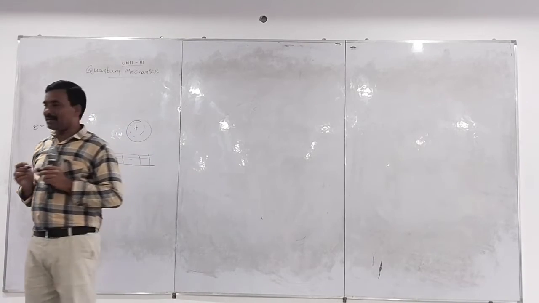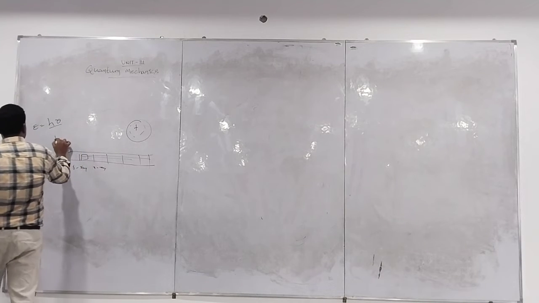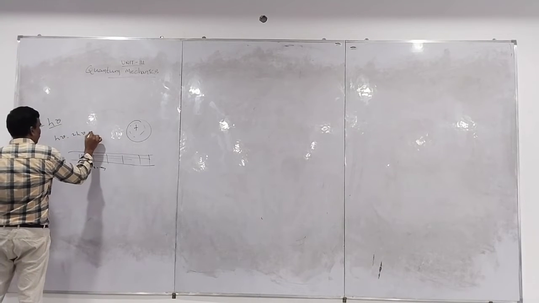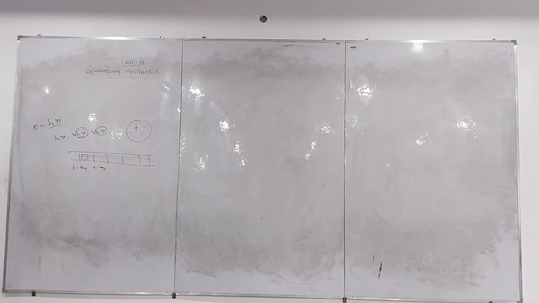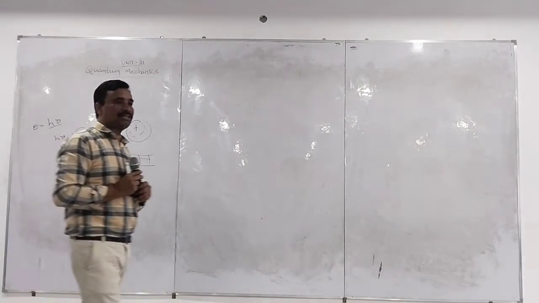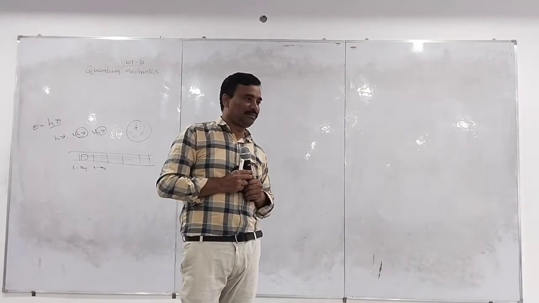The energy can take discrete values h nu, 2h nu, 3h nu. That fundamental value keeps increasing. This type of values are called discrete or quantized values because the energy is not continuous.